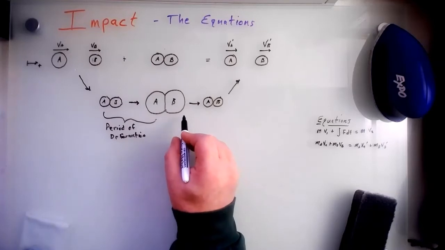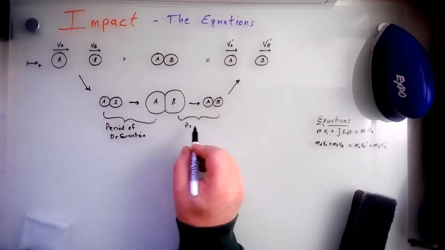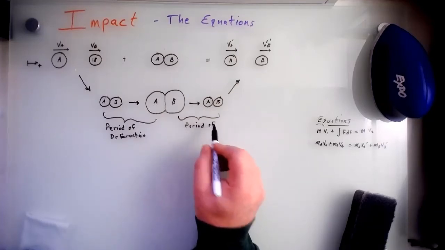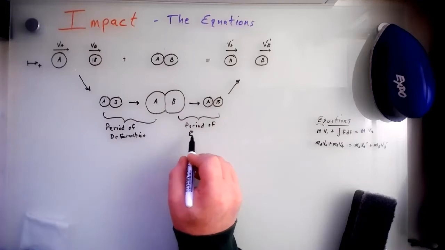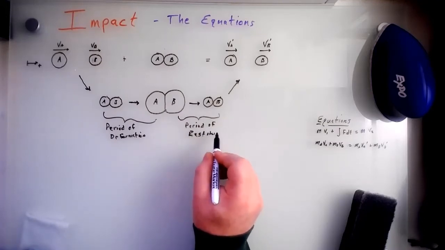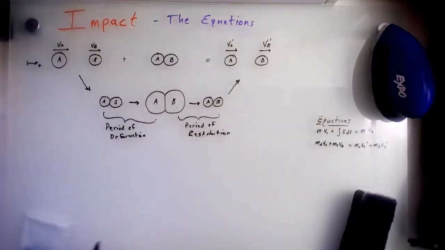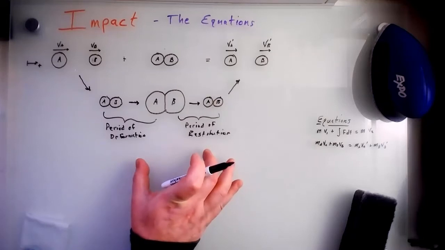And this period here is called the period of restitution. And the fact that I'm writing this down means that you should be too. There will be a test, right? So this is a period of restitution. That is a period of deformation. These are actually impulses.